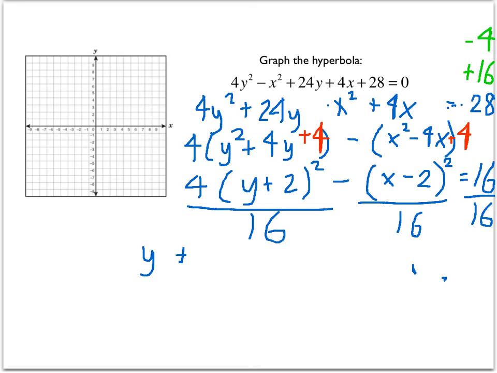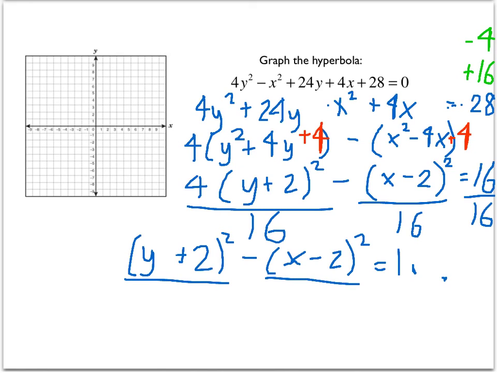Okay, so I want y plus 2 squared minus x minus 2 squared equaling 1. And I have stuff in the denominator too. 4 goes into 16 4 times, and I'm going to have a 16 there.